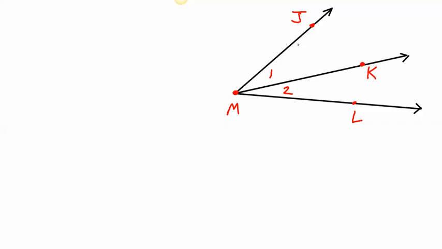So one of the angles that we have in this diagram is angle JMK. The vertex of the angle always needs to be the middle letter in the description. Angle JMK in this case is also angle 1.